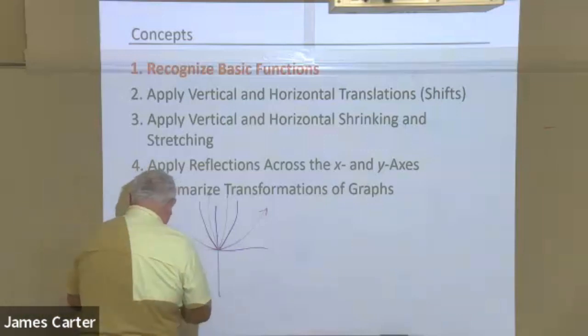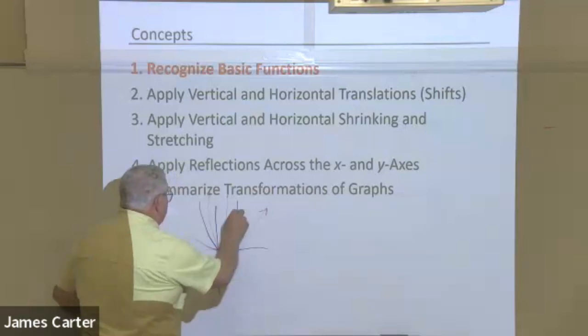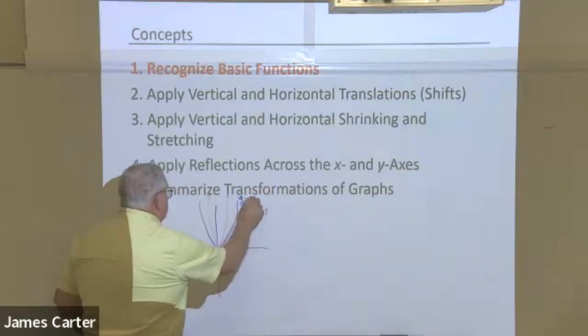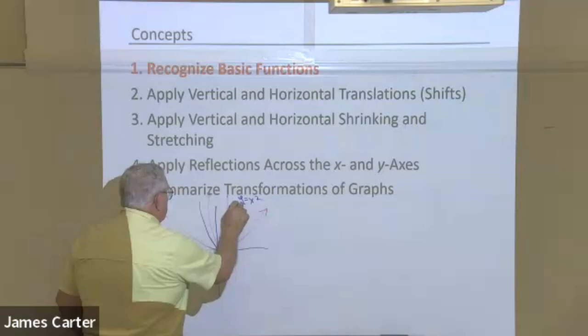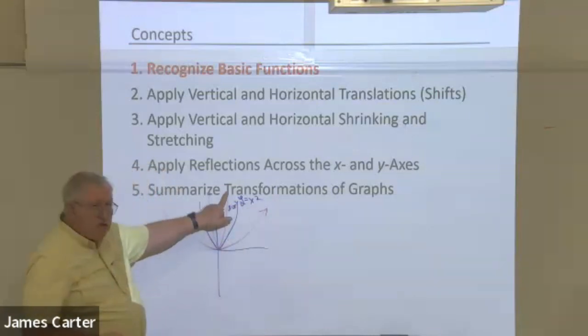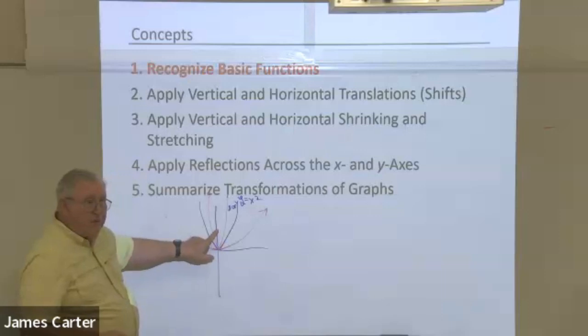Now, there are certain characteristics. If this is y equals x squared, this one could be y equals 3x squared, meaning instead of going up 1, 1, it's going up 3, 1 and 3, 1.